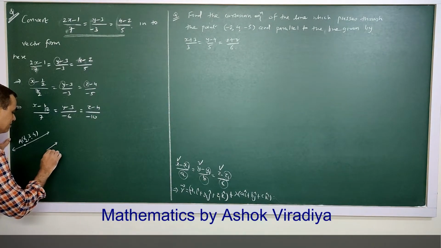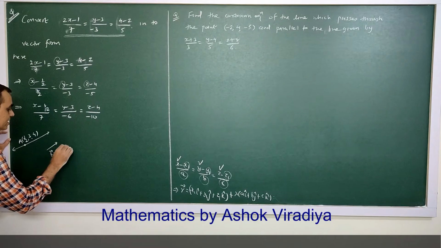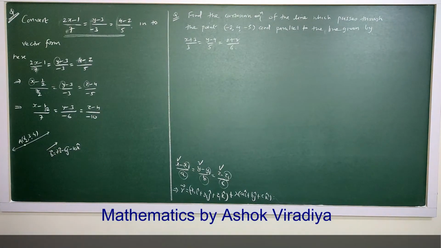Let me say if this is B, it is parallel to 7i minus 6j minus 10k. If somewhere here there is the origin, then this vector is vector A, it is 1 by 2 i plus 3j plus 4k.